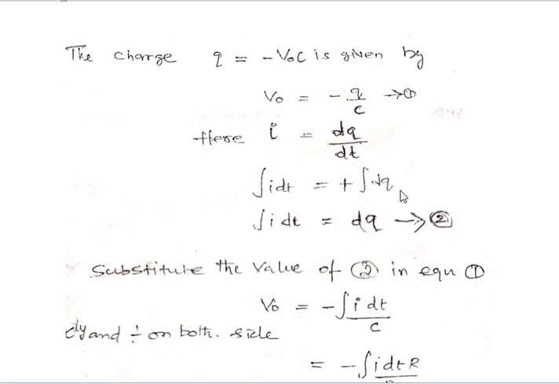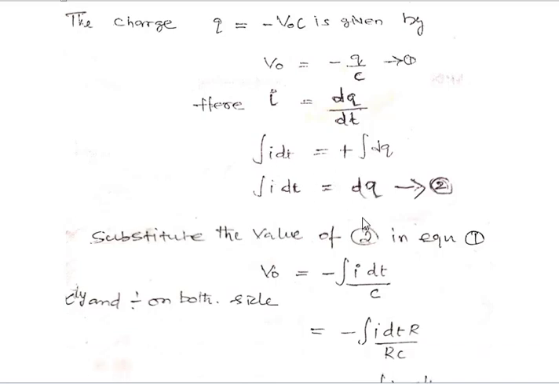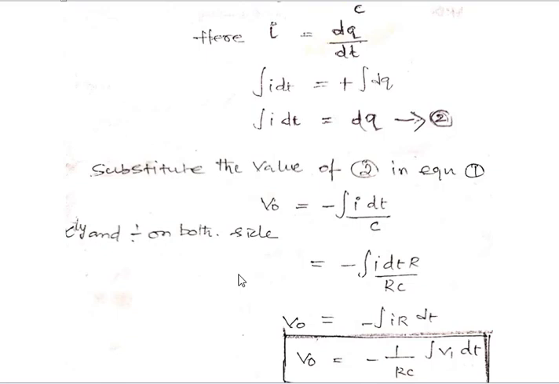Taking integration on both sides, on integrating integral dQ we will get Q. Now substitute the value in equation 1. So we get V output is equal to minus integration of I into dt by C. On simplification, add the resistor R here and here also.